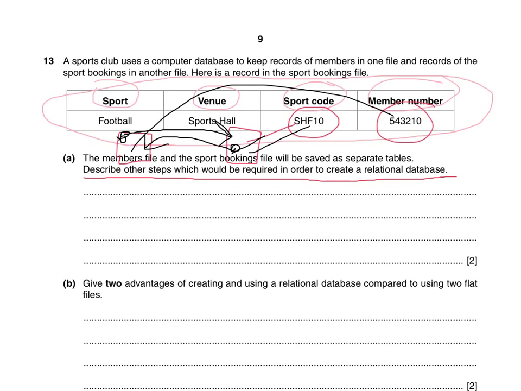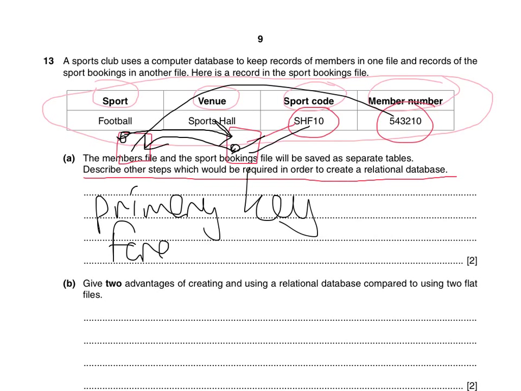Hence you have a primary key and you need a foreign key. Some students might find that they prefer calling the primary key the key field, which is also a valid answer.